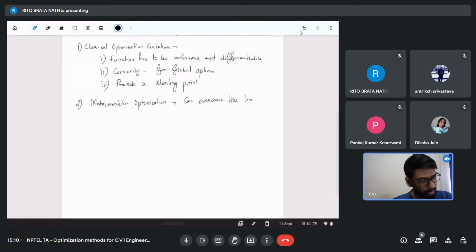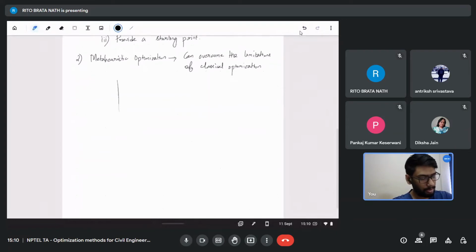In this case, I think Sir has also provided some examples in the class. So let me draw some functions. Suppose you have a function like this one, some sort of sinusoidal function with some damping. I've not drawn it properly, but suppose there are a lot of optima here.